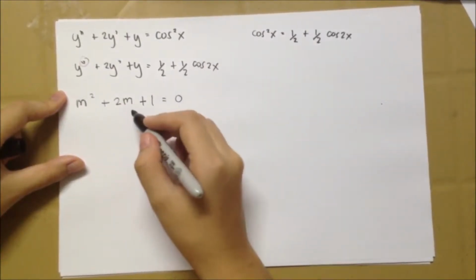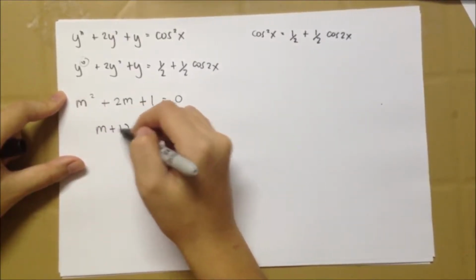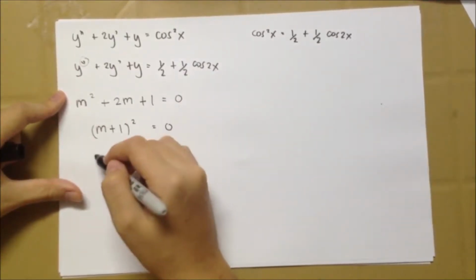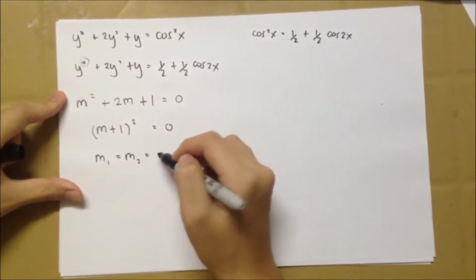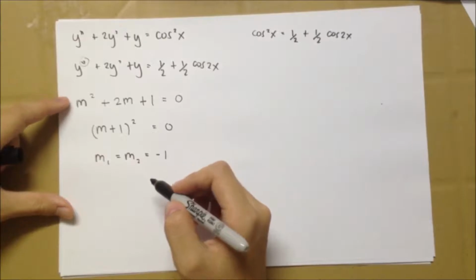Now, solving for m, I can factor this as m plus 1 squared equal to 0. So I have values of m: m1 is just equal to m2, which equals -1.